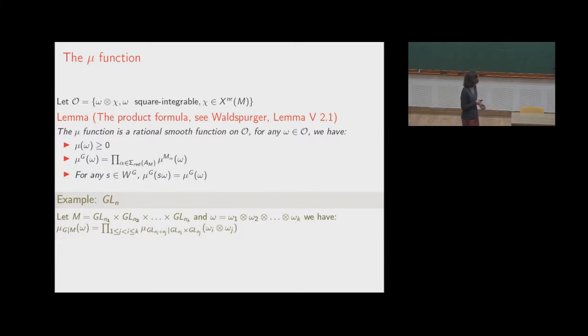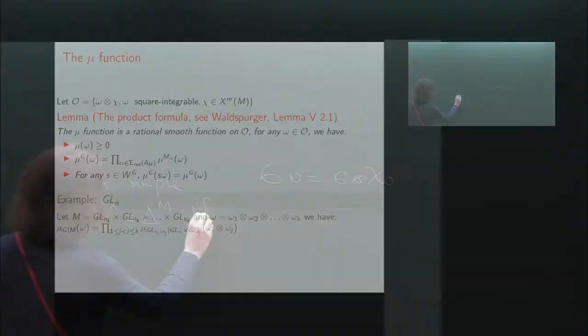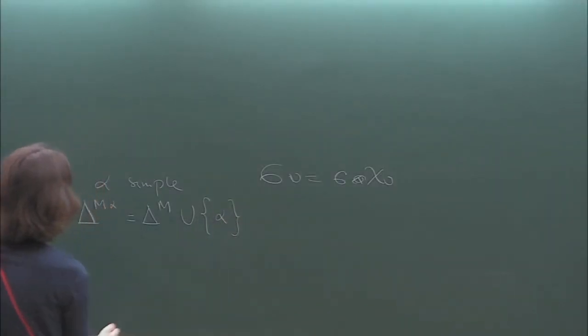And then you define this M alpha as a kernel of alpha, or say if alpha is a simple root, the roots in M alpha are just the roots which are in M, where you add this root alpha. So M is a maximal Levi in M alpha. I will use this formula later on.